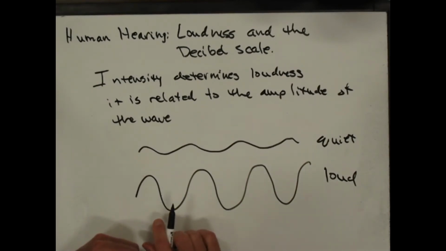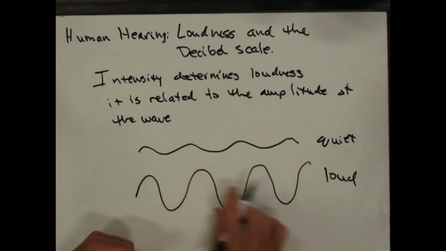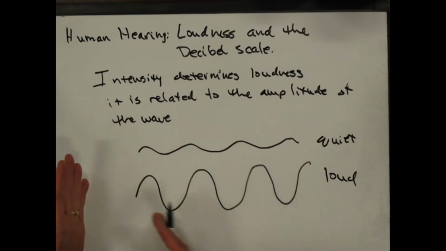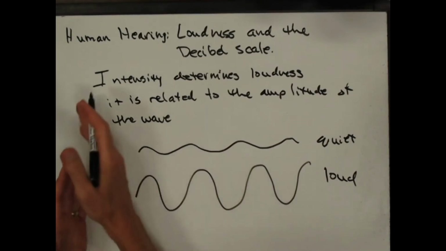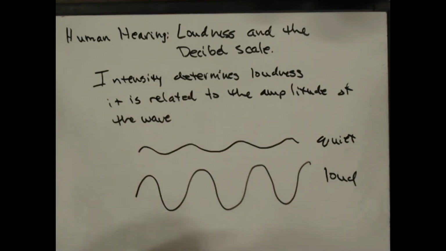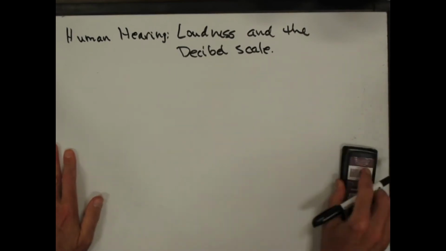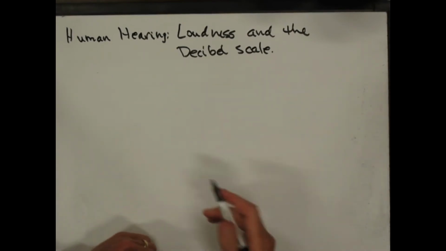It's actually proportional to the square of the amplitude, but humans don't quite hear in proportion to intensity, and so there's something called the decibel scale that's a representation of how we hear.